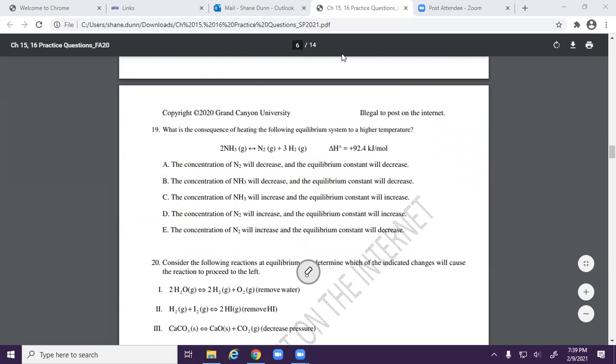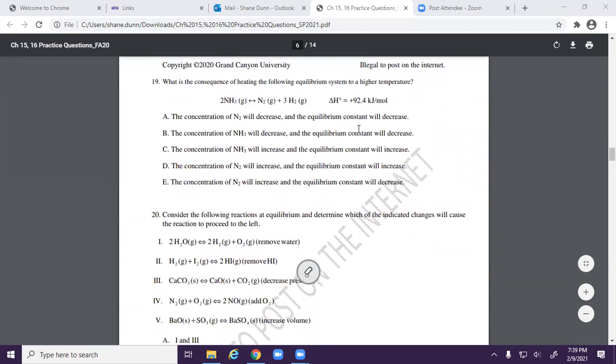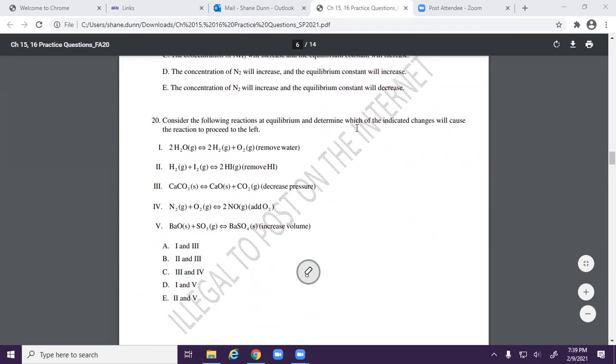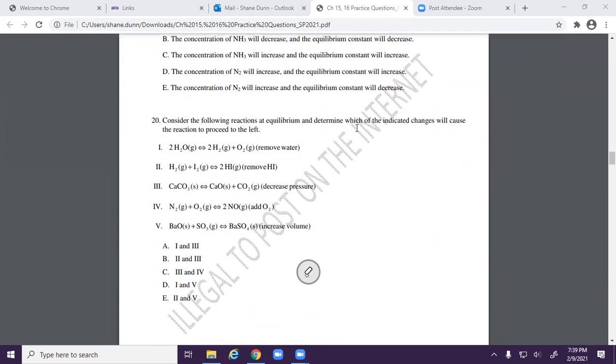We're on question 20 on the PQ, which just means practice quiz. Oh, God. More Le Chatelier's principle. Woohoo. I'm getting kind of tired of this stuff. Okay. If I say proceed to the left, what does that mean? Am I making more products or reactants?